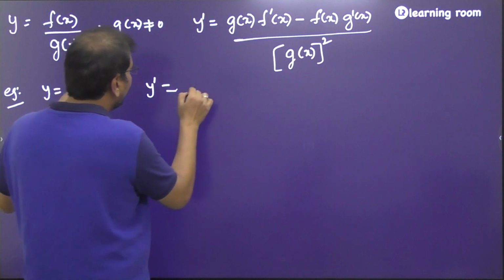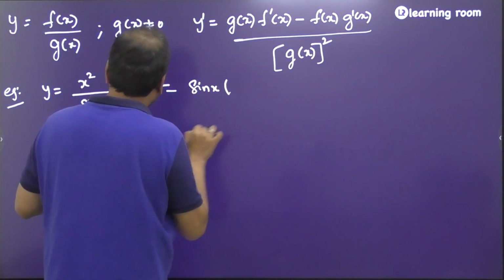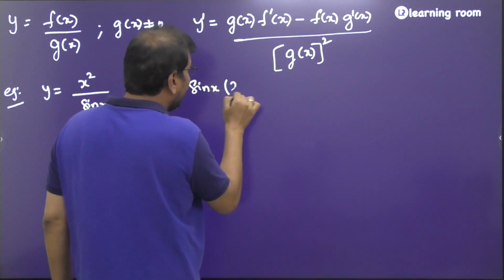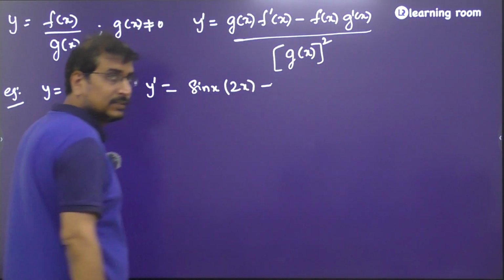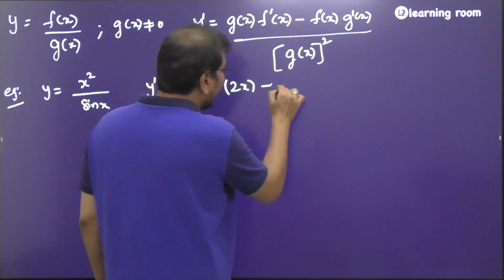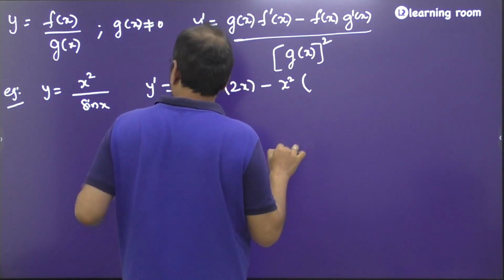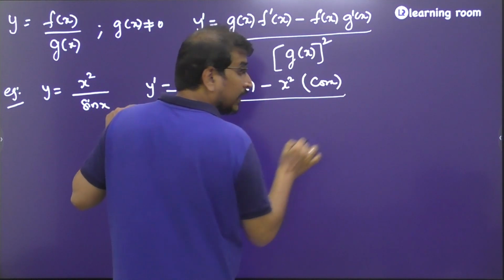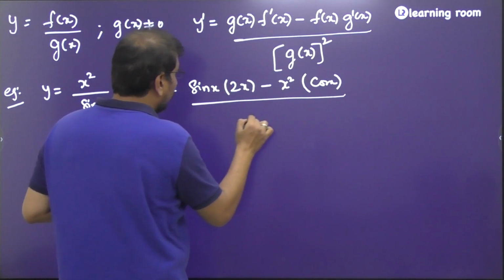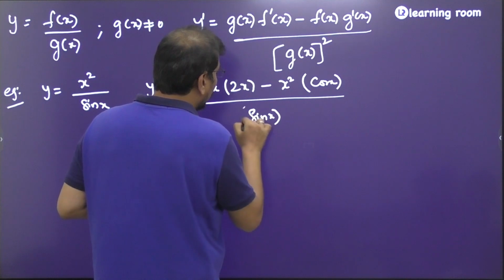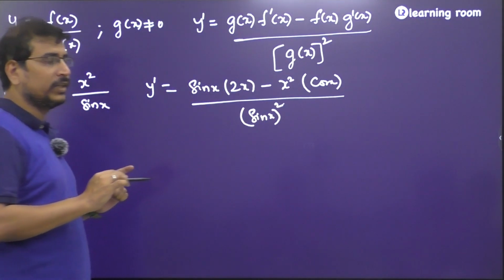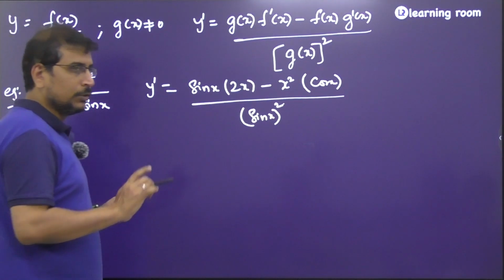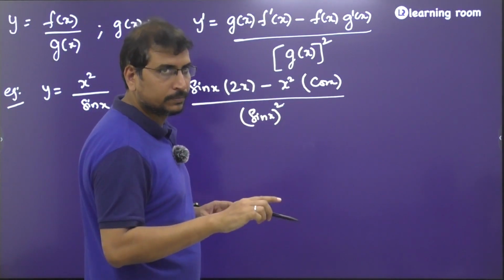Y dash is sin x into derivative of x square, which is going to be 2x, minus x square into derivative of sin x, which is going to be cos x, the whole divided by sin x the whole square. Sin x the whole square is sin square x, not sin x square. You should not square the angle, you should square the function.